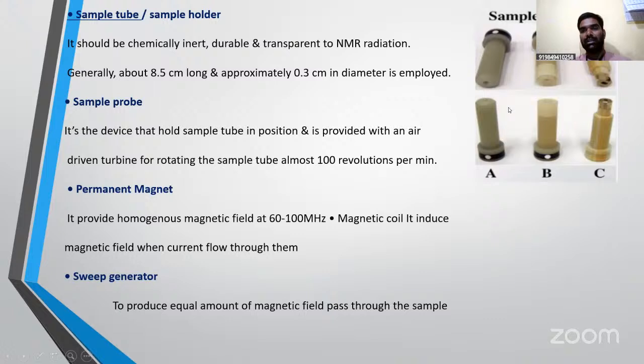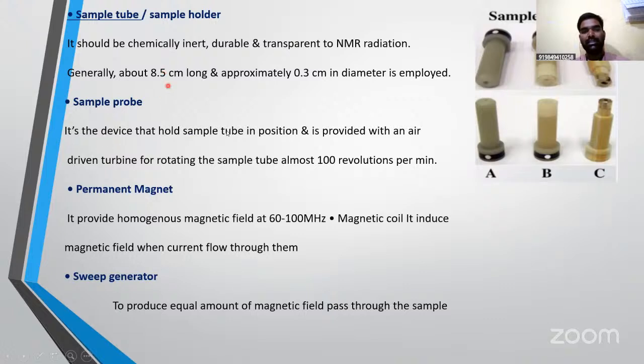This is the sample holder. You can observe that these are the sample holders. You can see the sample probe. It is the device that holds the sample tube in position and is provided with an air-driven turbine for rotating the sample tube at almost 100 revolutions per minute. The sample tube held by the sample holder is placed in the sample probe.